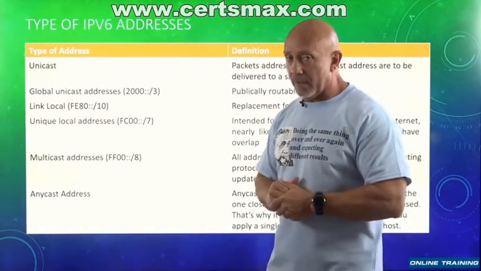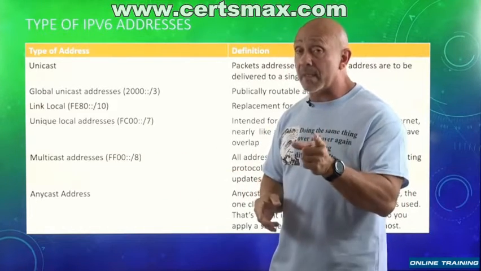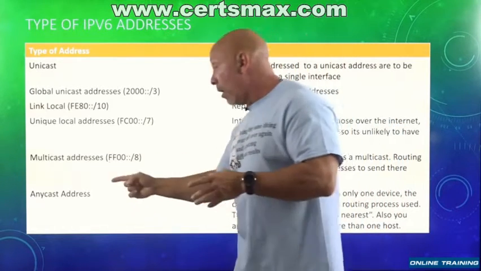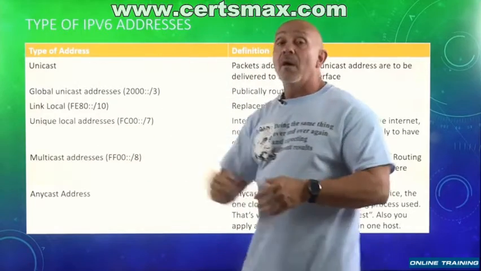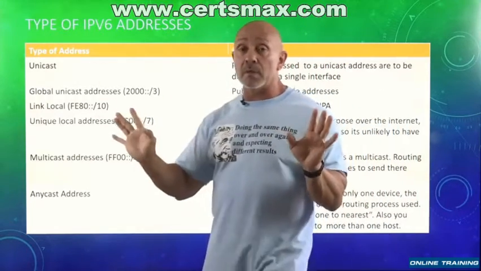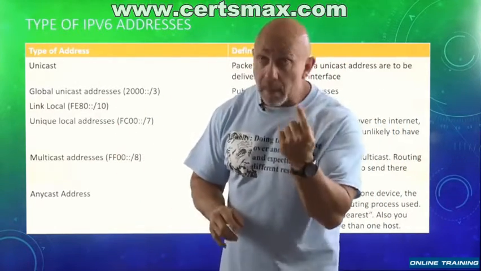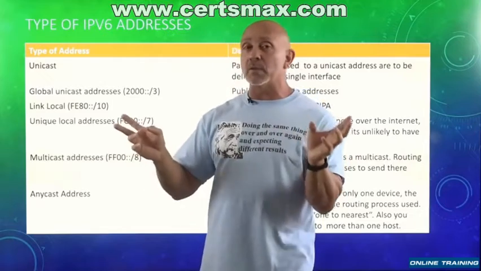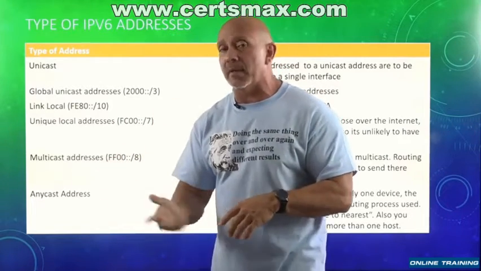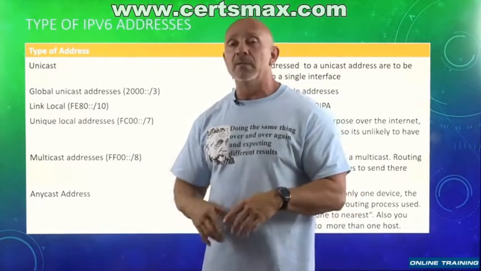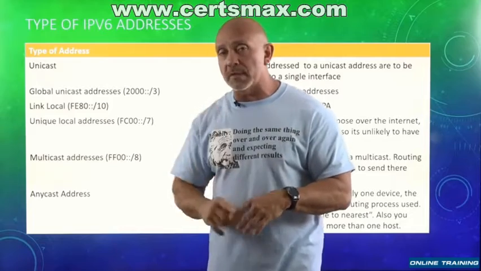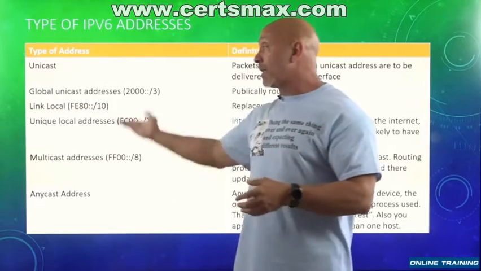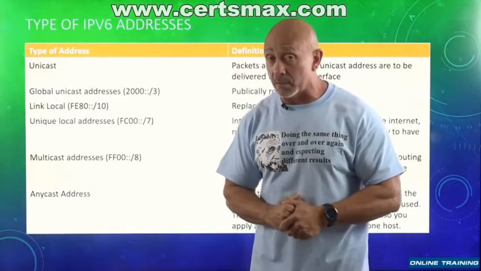With IPv4, you can only assign one address per interface. You could assign two addresses to an interface as a secondary IP address, but that never went too well. Here, you can assign multiple IPv6 addresses.